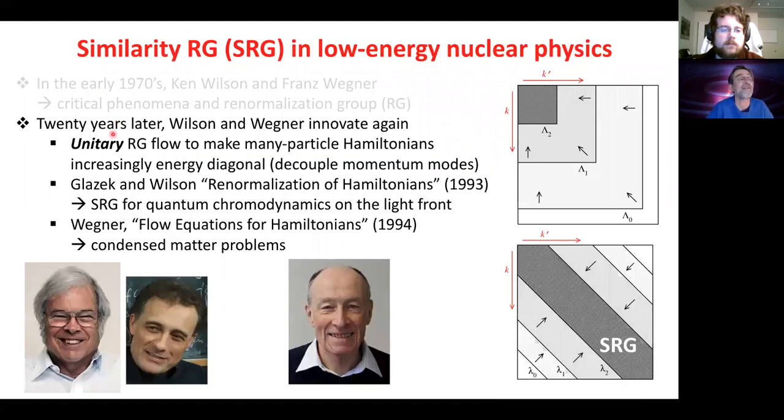But 20 years later, while at Ohio State, this is him later, with Stan Glazek, he and, simultaneously, Franz Wegner, who also worked on things in the 1970s, independently invented a different type of renormalization group, which was unitary. Glazek and Wilson actually called theirs the similarity renormalization group. This is a little more general than a unitary transformation.